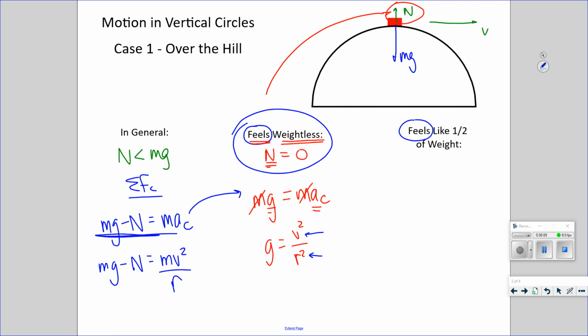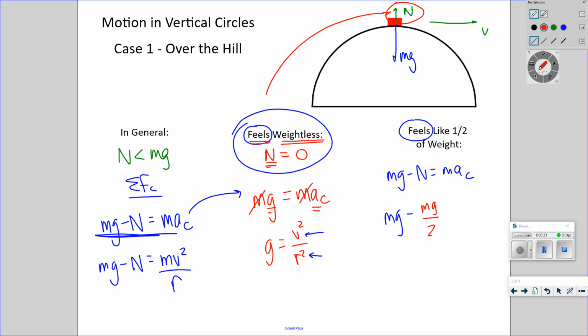There could be a situation where you feel like you weigh half your weight. We can start with our generic statement for this situation. If we feel like we weigh half our weight, that means the normal force is half of your weight. We've got a common factor of m in every term, so we get g minus a half of g.